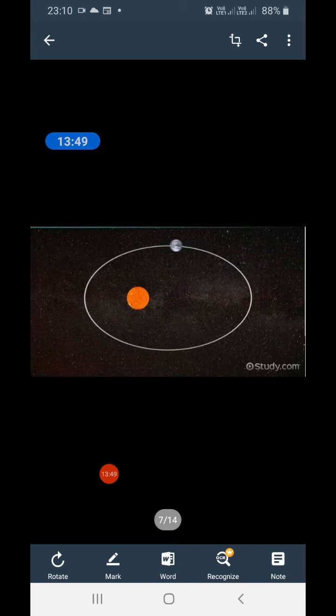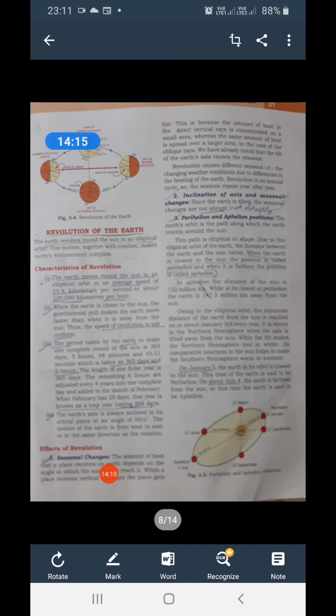So the movement of the earth around the sun in its orbit or in its elliptical orbit is called the revolution of the earth, whereas we did the rotation on its axis. This is not on its axis, but it is around the sun. So this is the definition, that revolution of the earth is the movement of the earth around the sun in an elliptical manner or around the elliptical orbit. Now this is the diagram they've given you. The definition is given here.